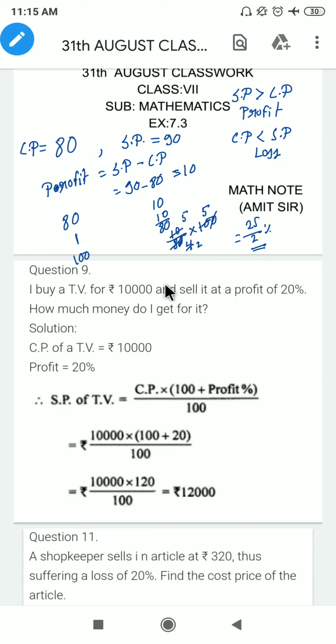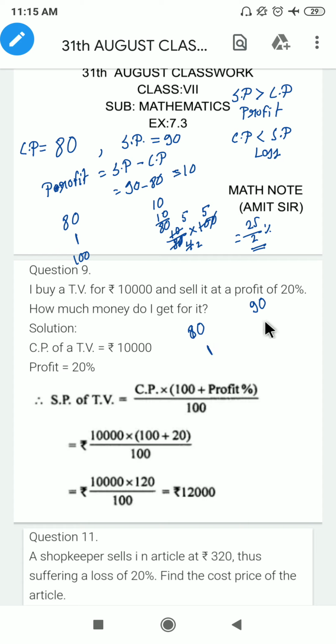Clear? So what is the relation between selling price, profit percentage and cost price? Look, here you buy the article for 80 rupees and sell it for 90 rupees. That means when the buying price is 80 rupees, the selling price is 90 rupees.